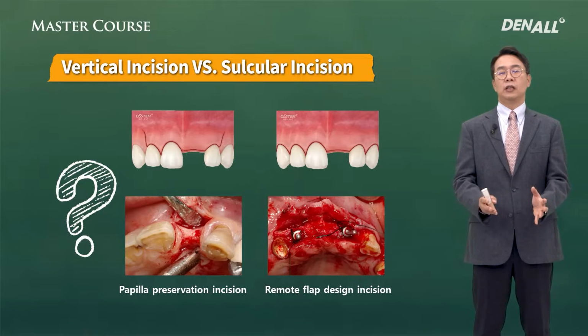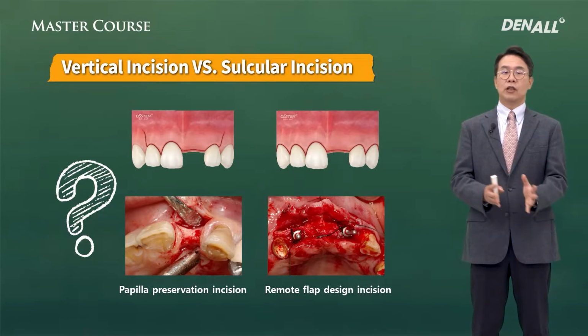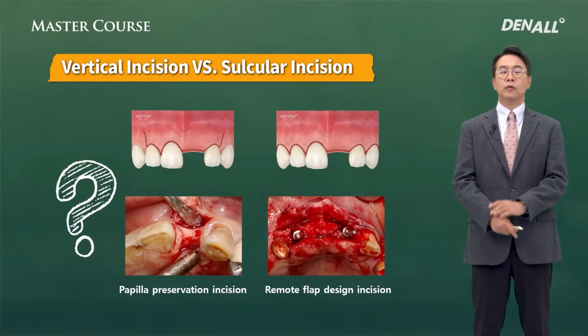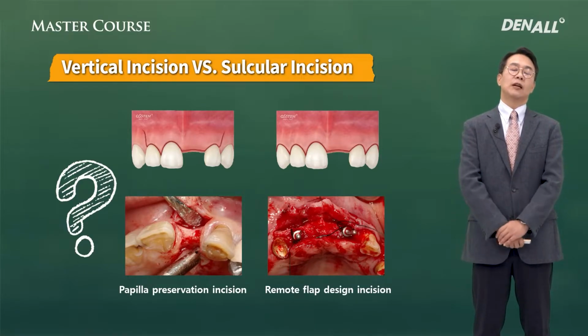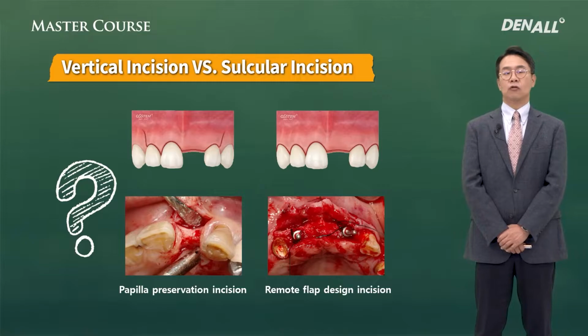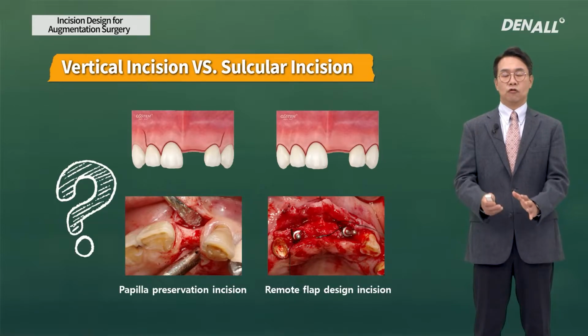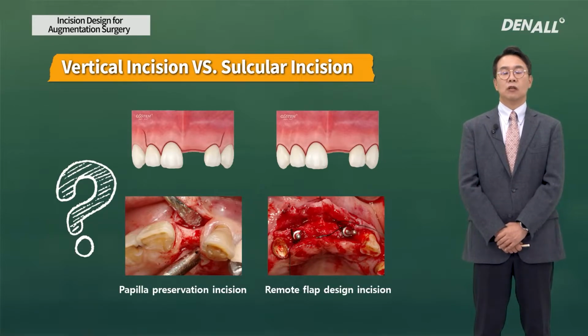Simply put, with or without vertical incisions, if you look at the field of surgery, it can be narrow or wide. In the maxillary anterior region, it is important to delineate the surgical field for later steps.